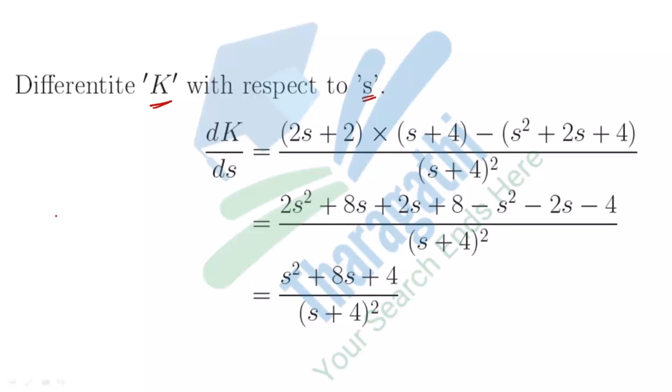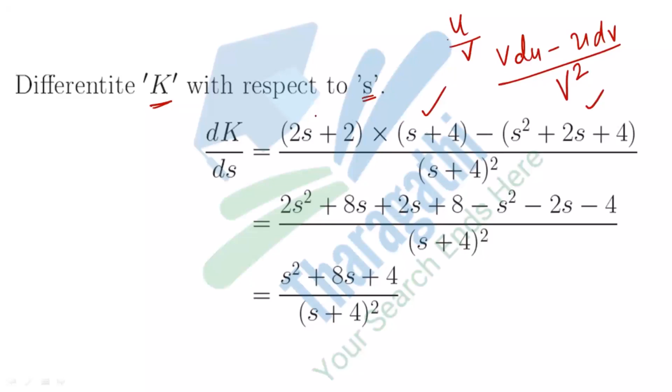Here I am differentiating K with respect to s. It is in the form u by v, so the derivative is (v du − u dv) / v², where this is v, this is u, and dv is equal to 1.